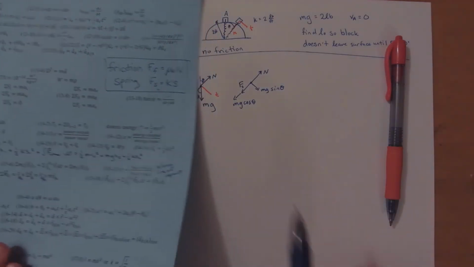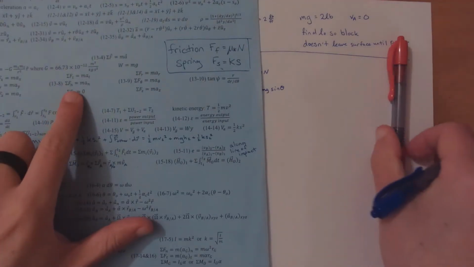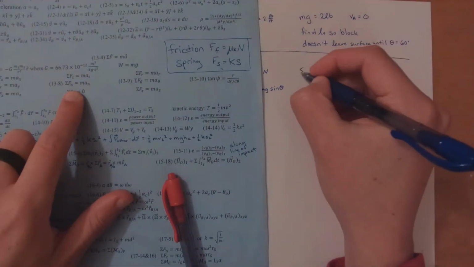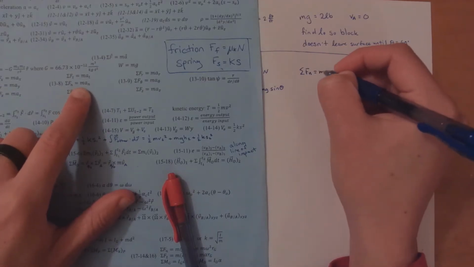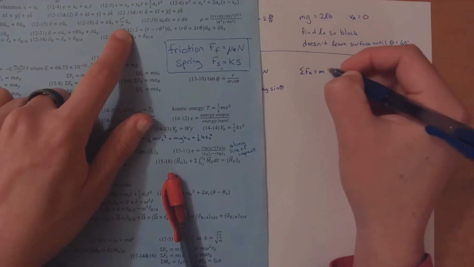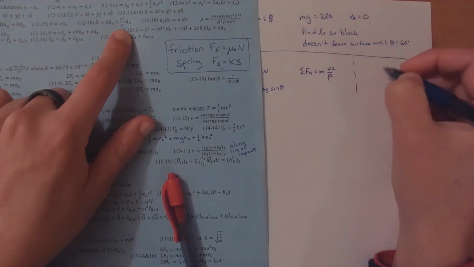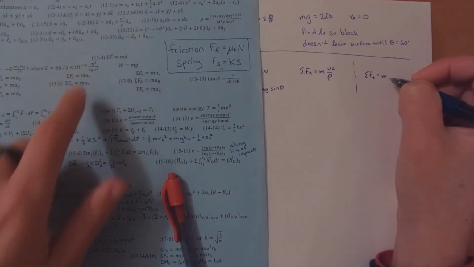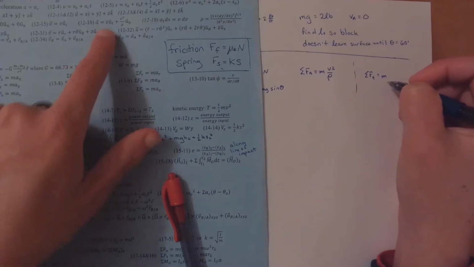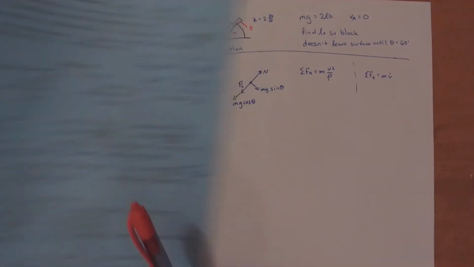For Newton's second law, I have the normal direction and the tangential direction. In the normal direction, I have the sum of the forces is equal to the mass times the acceleration in the normal direction, which is v squared over rho. And in the tangential direction, the sum of the forces is equal to the mass times v dot, which is the tangential component of the acceleration.